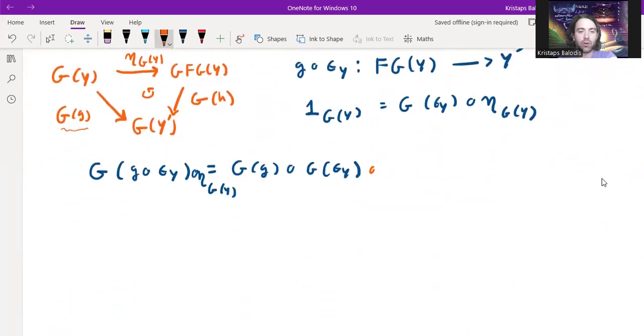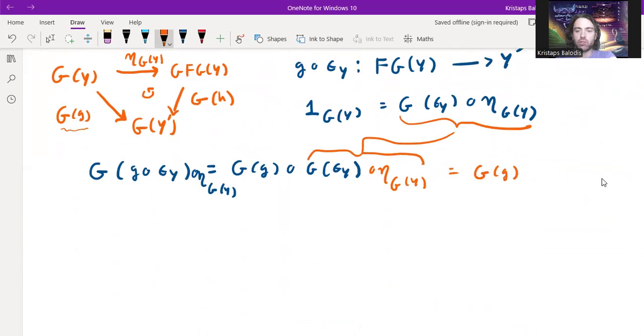Right. Okay. So I have eta sub Gy here. But now you can see from this that gives me this part. And so this is just G composed with 1 Gy. And in other words, that's G at g.